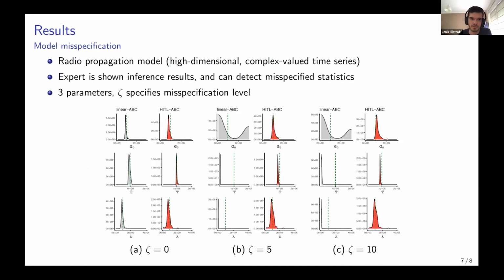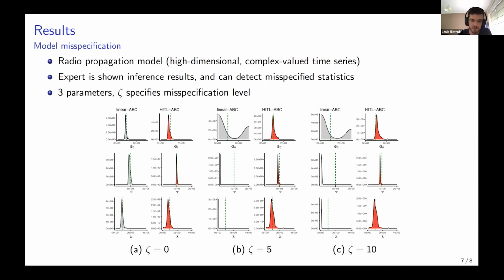And some results about misspecification. In this case, we were studying a radio propagation model. And one assumption that we have is that the expert is also able to detect misspecified statistics when they are presented some inference results. And the results here are given with these plots. We have this parameter zeta, which specifies the misspecification level. And when zeta is equal to 0, that means there is no misspecification.